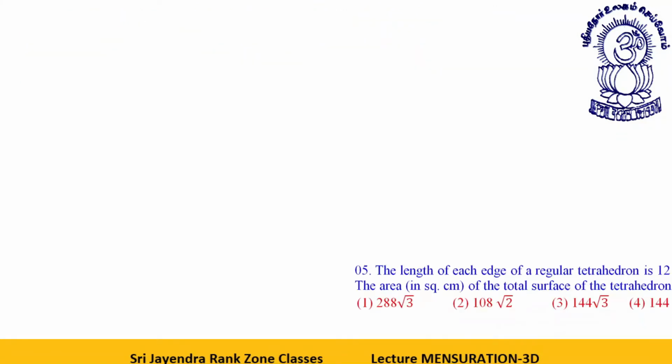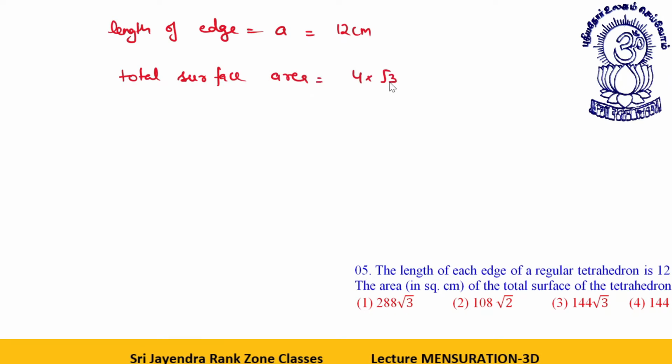The next is: length of each edge of a regular tetrahedron is 12 centimeter. Area of the total surface of the tetrahedron? See, we have discussed, length of edge is equal to a, this is 12 centimeter. What is the total surface area? 4 equilateral triangles, 4 into root 3 by 4 into a square, or root 3 a square, that we have discussed.